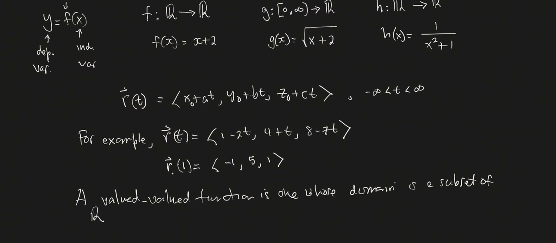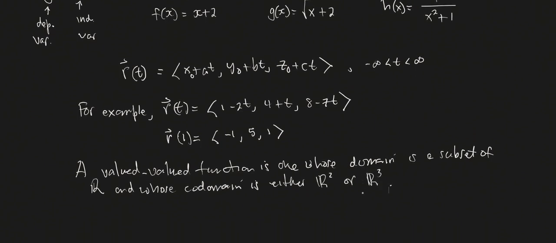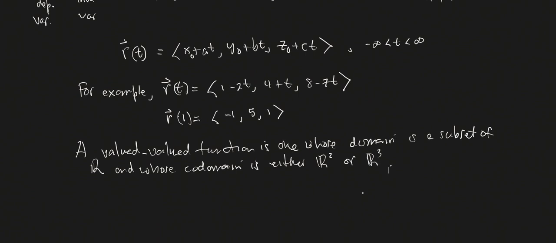We're plugging real numbers, and whose codomain, which is the fancy word for the set of outputs, for us is either R2, where we're going to get out 2-dimensional vectors, or R3, where we're going to get out three-dimensional vectors, right? So let me now write it down formally, and you'll see this in much of our subsequent work.